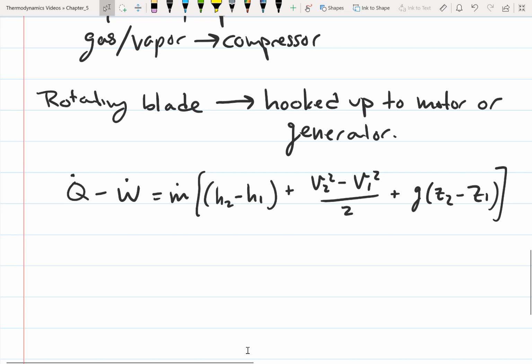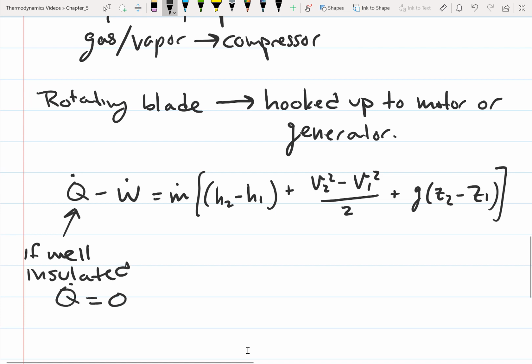If it's well insulated, we can assume that Q is 0. I'm just going to specify that: if well insulated, Q is equal to 0. That's only if it's well insulated. Turbines often are, so you can often assume that term is 0 for a turbine. And then we also don't usually have a large change in the potential energy.